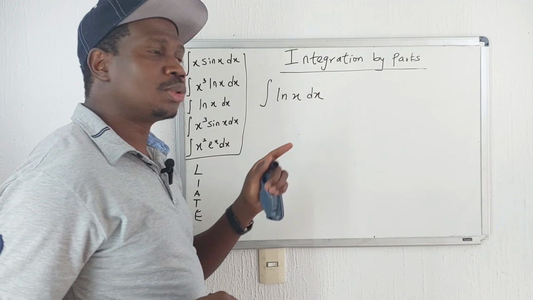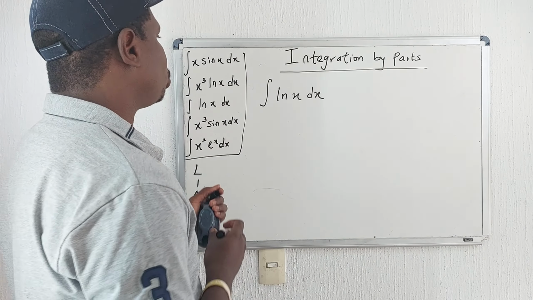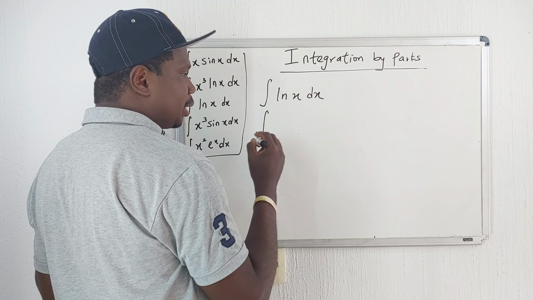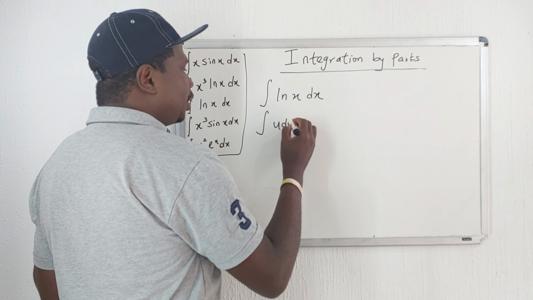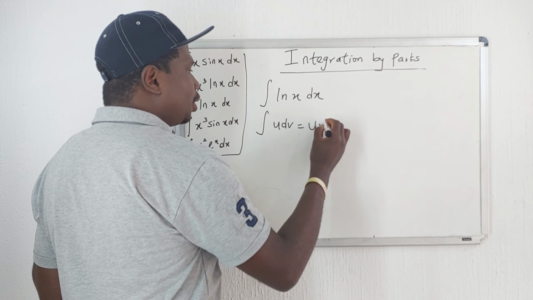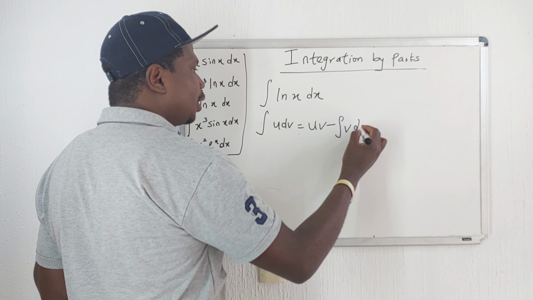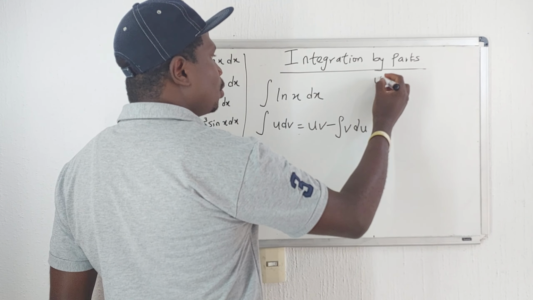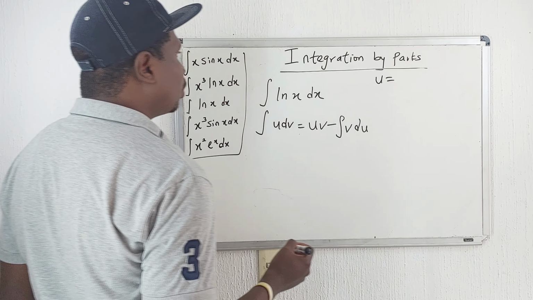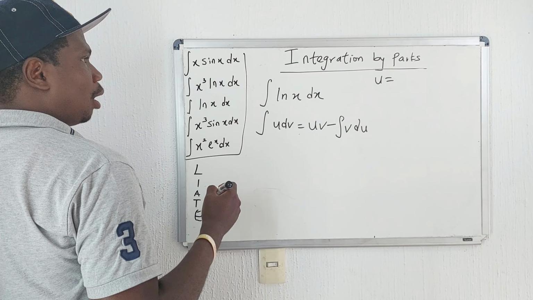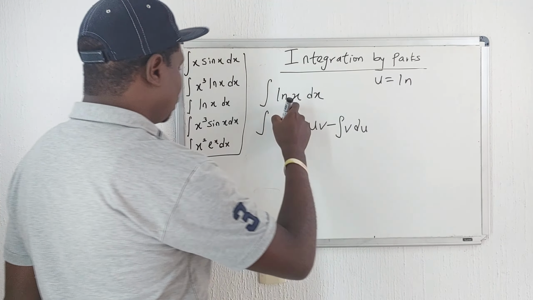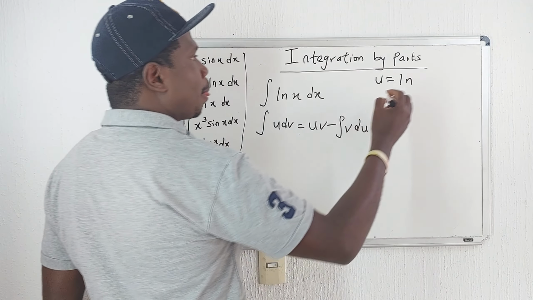So for us to solve this one, now we can say using the same integration by parts, integral u dv equals uv minus integral v du. So our u will be what? Our u has to be ln x because logarithm function comes first.